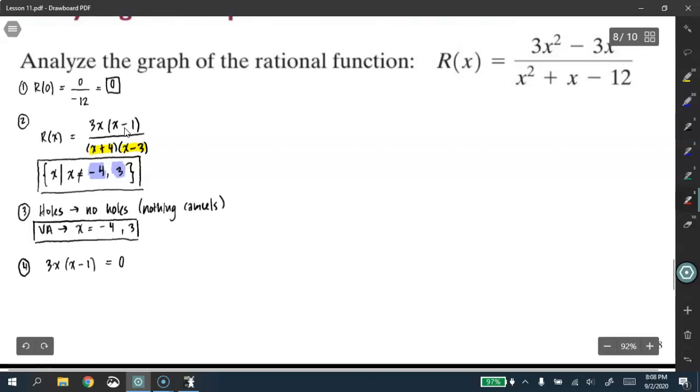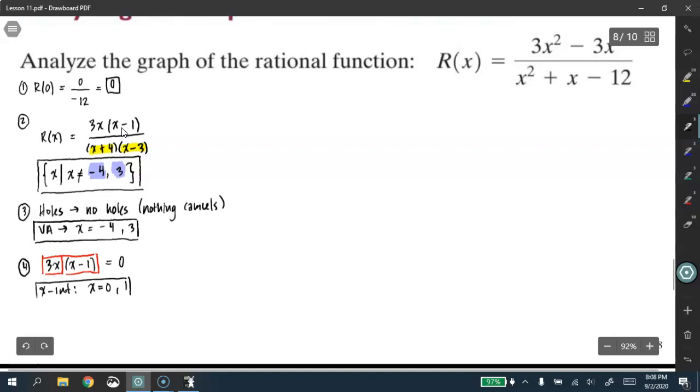Either 3x is equal to 0, or x minus 1 is equal to 0, one or the other. And so the two possibilities would then mean that the x-intercepts are at x equals 0 and x equals positive 1.